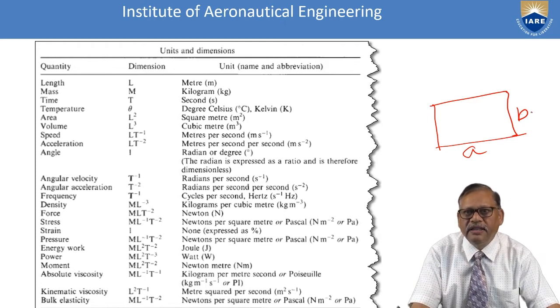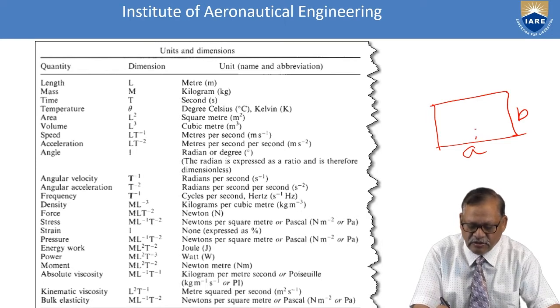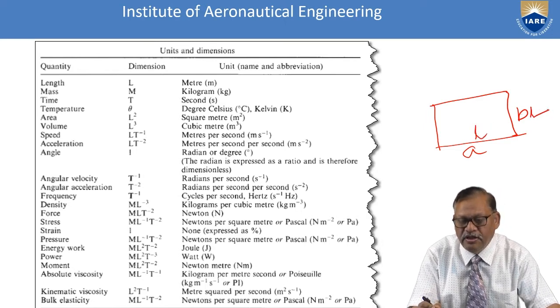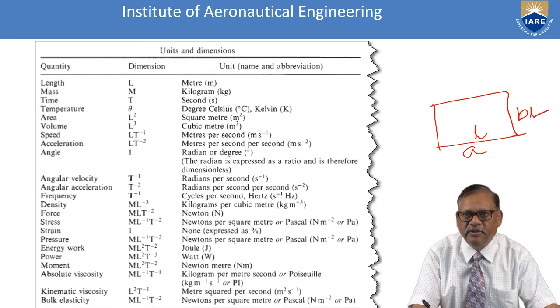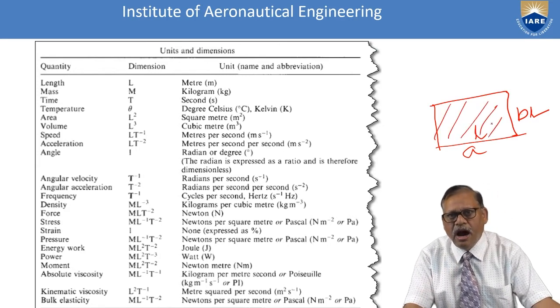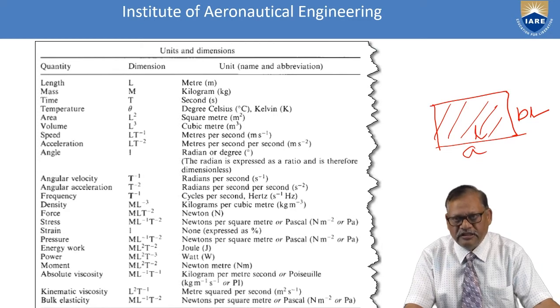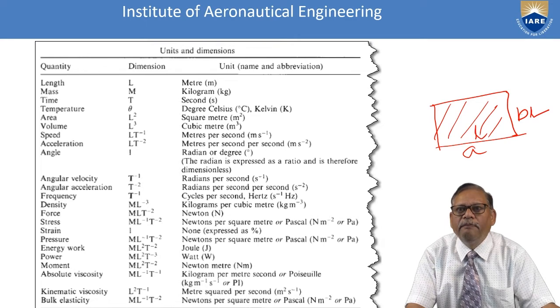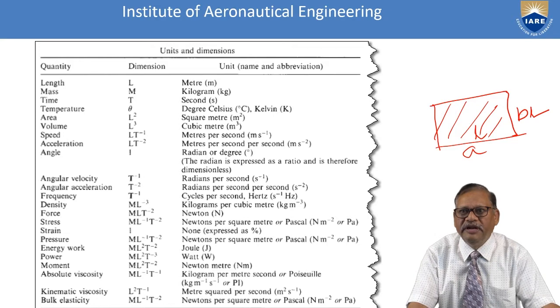So L into L gives me L squared, the area. So we know how we measure area. Similarly, volume, speed. Speed is meter per second, that means how much length I travel per unit time, per second.